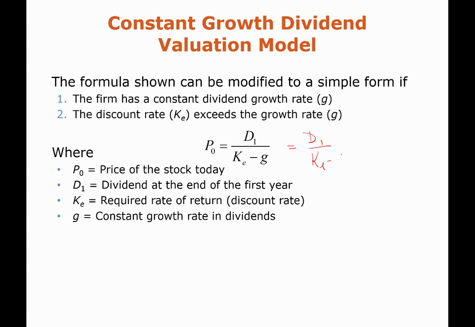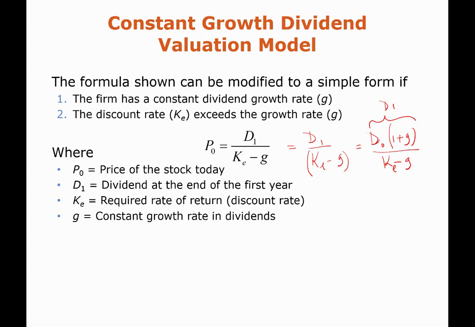required rate of return minus, of course, the growth, which in this case we're talking about your D naught. Remember, what was paid in D1 is the current dividend times the growth, and this represents your D1. Divide this by the Ke, the required rate of return on equity, minus g, and this will give us the current price of the stock.